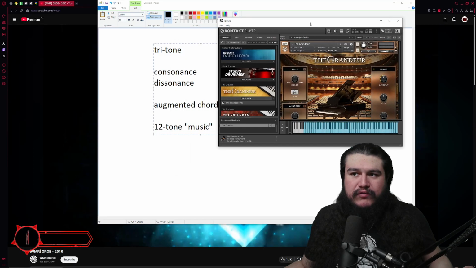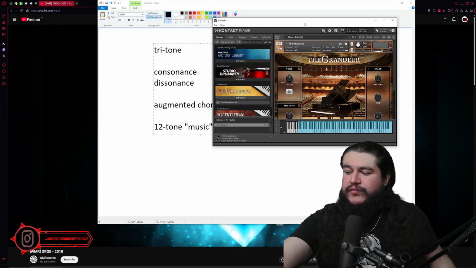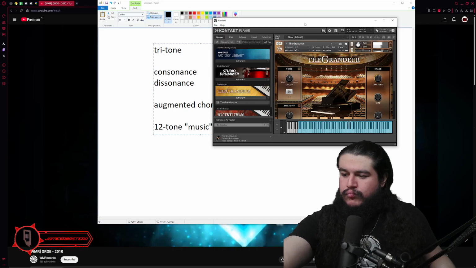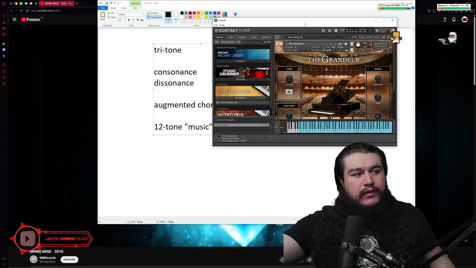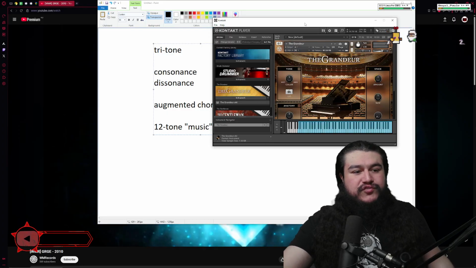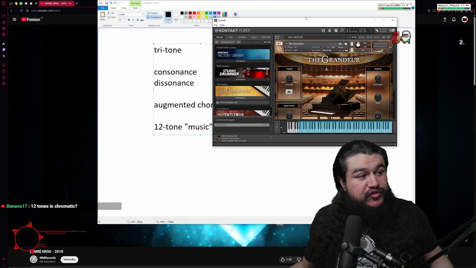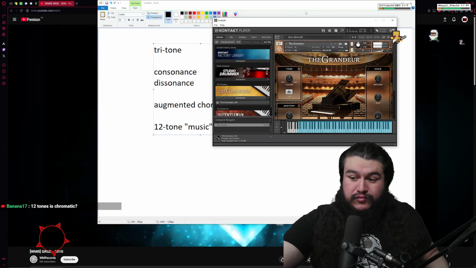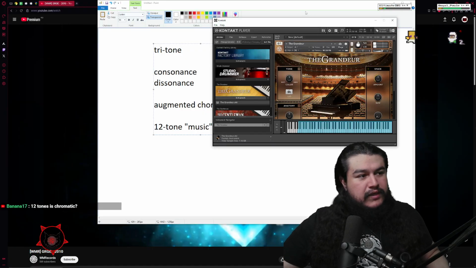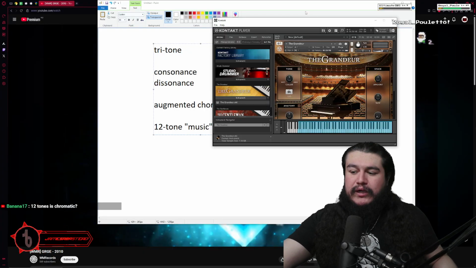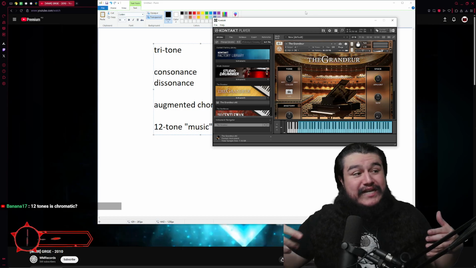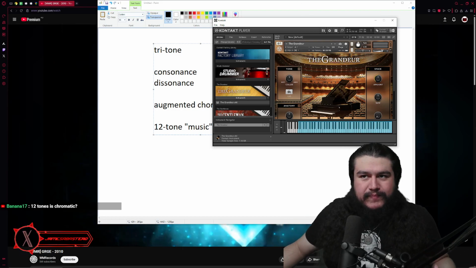So a 12-tone row would be something like this. Then I would have to come up with variations of that. 12 tones is chromatic. So I could play this, and that is my 12-tone scale. The problem is, I can't go back to any of the notes I already played until I play all the other ones. That is the rule of 12-tone music.